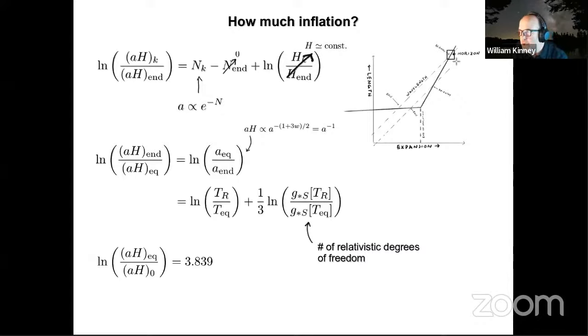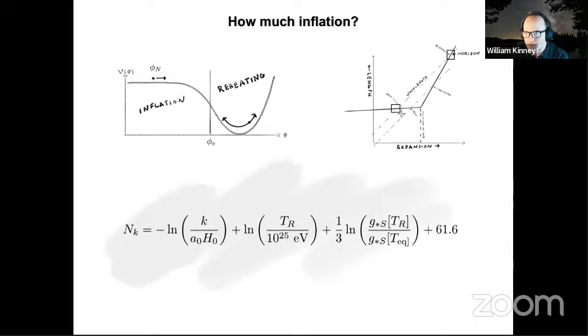In order for a mode of order the horizon size today to exit the horizon during the inflationary period and then freeze out at super horizon scales. In particular, we know that for a given wave number k, the number of e-folds at which it exited the horizon is given by this ratio of the wave number divided by the current horizon size.